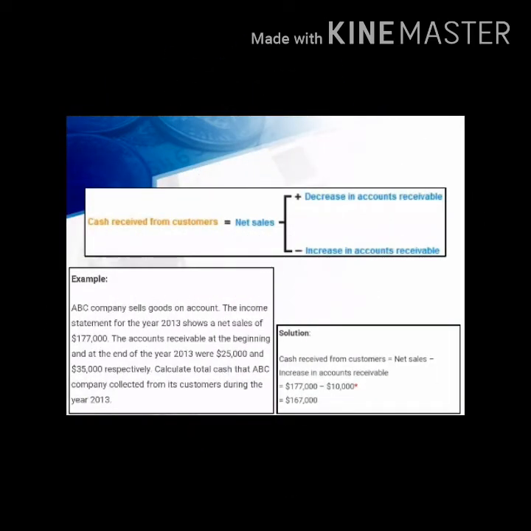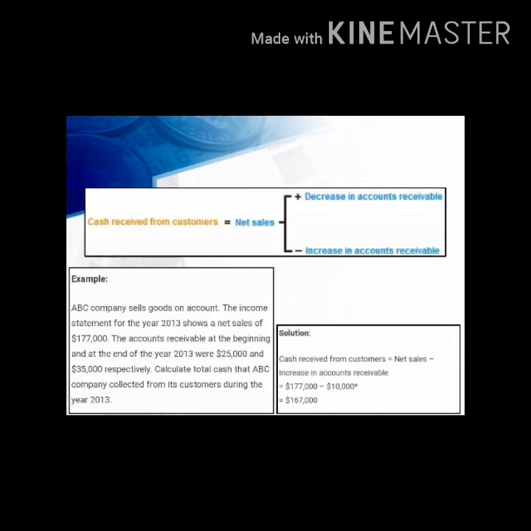So we have here some example. The ABC company sells goods on account. The income statement for the year 2013 shows net sales of $177,000.